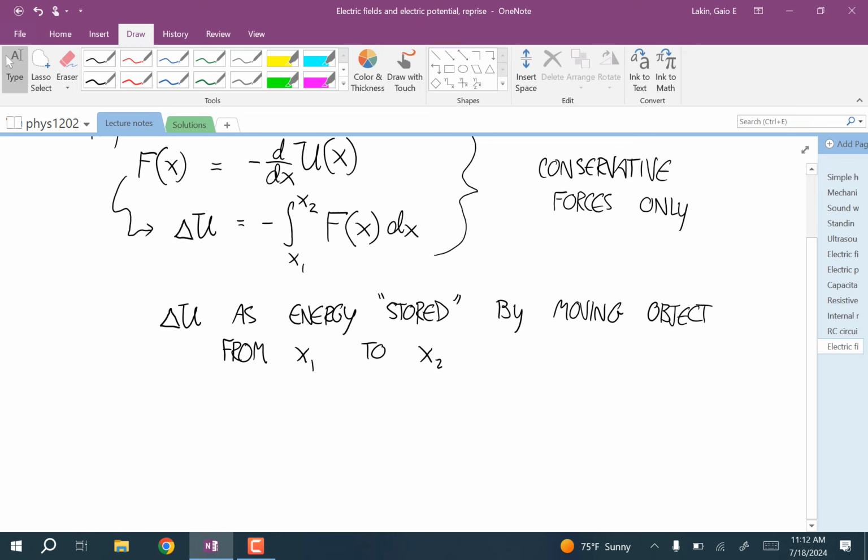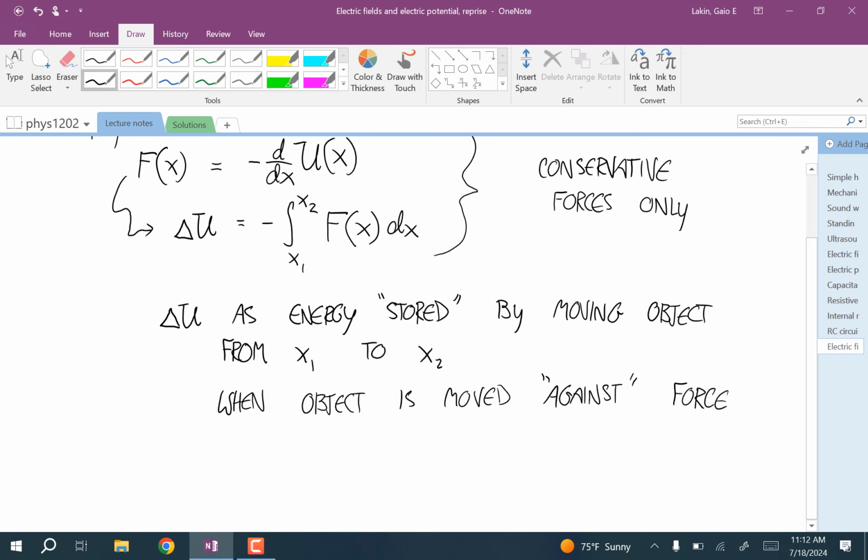Okay. So let's say this is when the object is moved against the force.